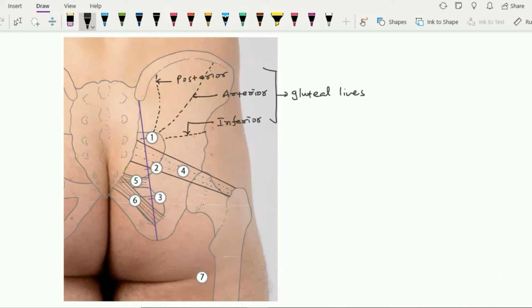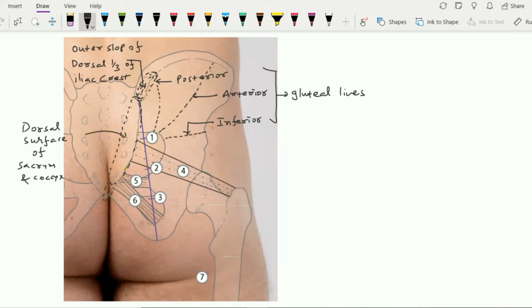And here this is the outer slope of the dorsal 1/3 of the iliac crest. This portion is the dorsal surface of the sacrum as well as the coccyx. And one ligament is situated from the sacrum to the ischial tuberosity, and this ligament is called the sacrotuberous ligament.